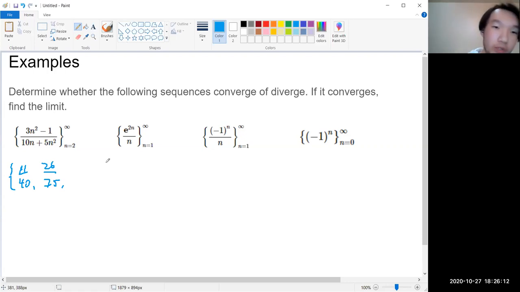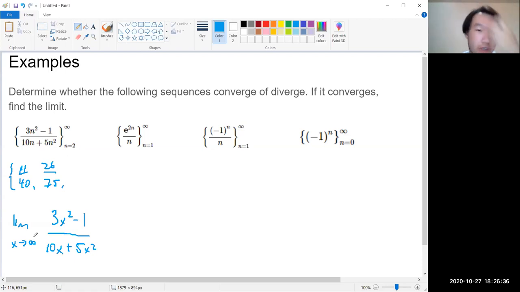One thing we could do is convert it into a function. So instead of thinking about it as a sequence, consider 3x squared minus 1 over 10x plus 5x squared, and then let's take the limit as x goes to infinity, right? We can do this because of that first theorem that said you can just evaluate an equivalent function.